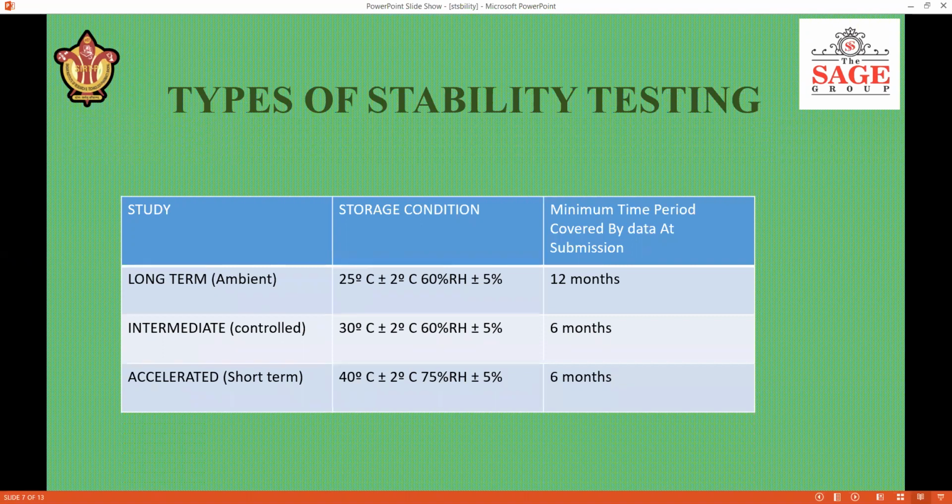Next is intermediate, meaning controlled: 30 degrees Celsius plus or minus 2 degrees Celsius as storage condition and 60% plus or minus 5% relative humidity, for 6 months. Next is accelerated, meaning short term: 40 degrees Celsius plus or minus 2 degrees Celsius, 75% plus or minus 5% relative humidity, and minimum time period covered by data at submission is 6 months.